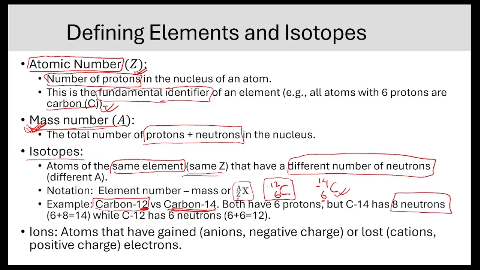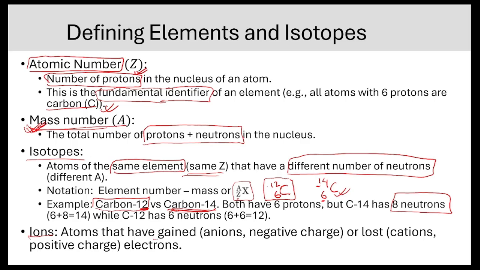And then we can also define ions. If an atom gains or loses electrons, it becomes an ion. If an atom is gaining electrons, it will create a negatively charged anion.